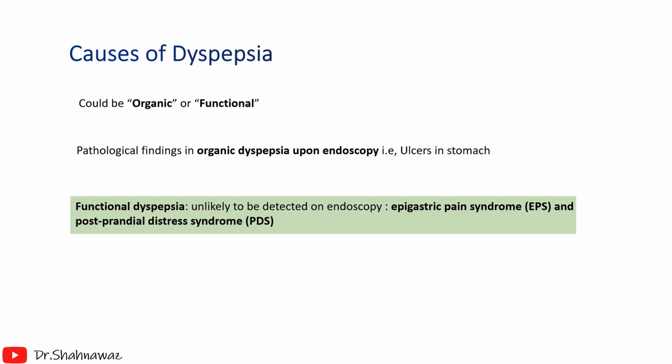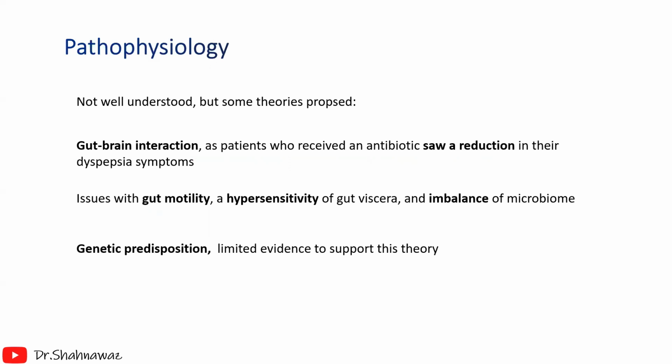We have two types of functional dyspepsia: the epigastric pain syndrome, that is burning and discomfort in the epigastrium that occurs during fasting, and the postprandial distress syndrome, where we feel fullness after eating.